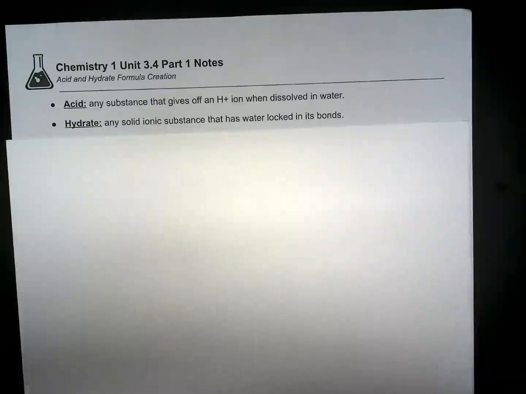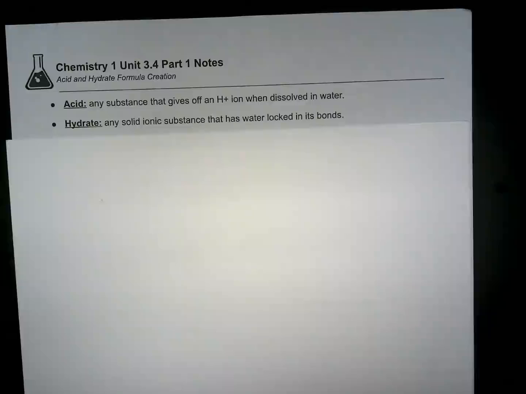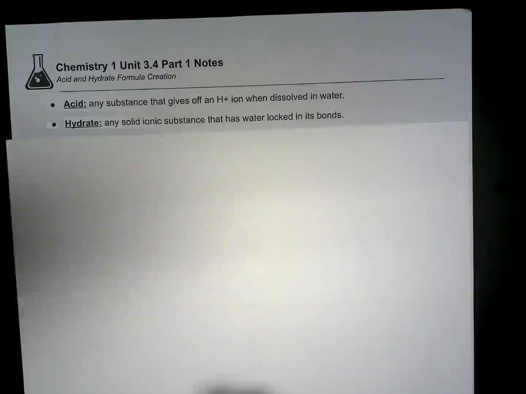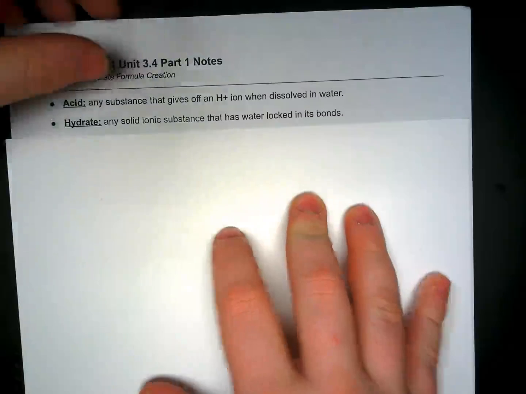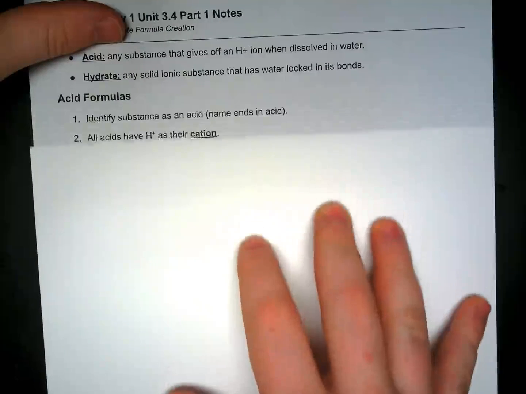A hydrate is any solid ionic substance that has water locked into its bond. Anytime you have an ionically bonded material that has water in it, it's a hydrate. That'll be quite obvious when we see their names, because hydrate is literally in the name.